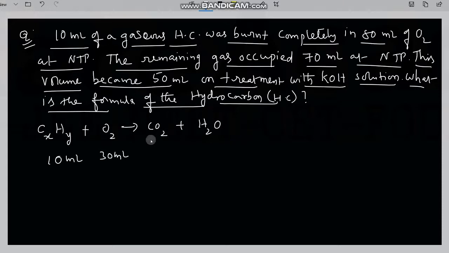CO2, from the equation we can tell this will definitely be 20 ml CO2 obtained in the second stage of the reaction. Similarly, it goes to water also. As per the law of conservation of mass, this water value will become 20 ml. The meaning of this is that this is 10 moles as per the Avogadro law. This is 30 moles O2 and this is 20 moles of CO2.